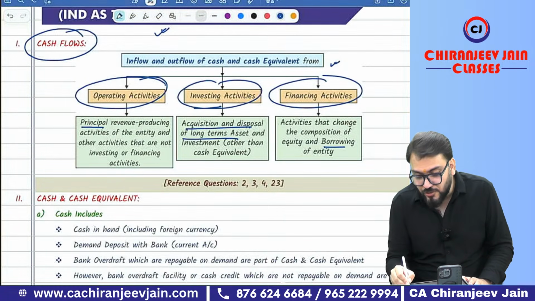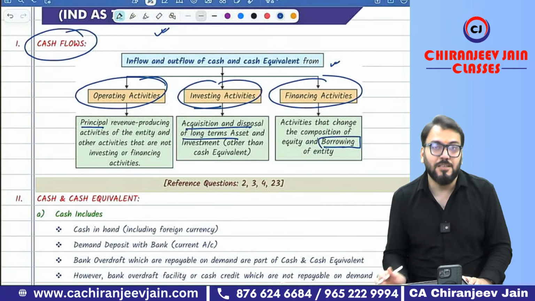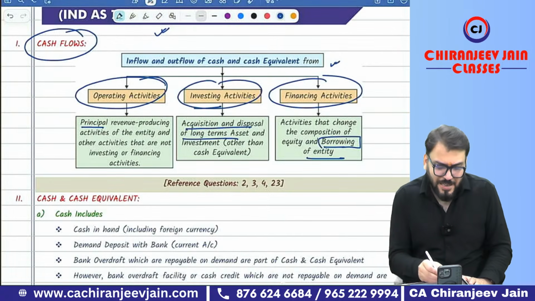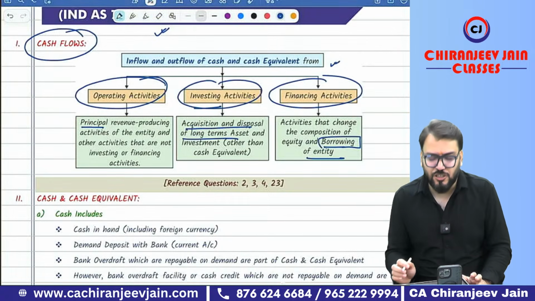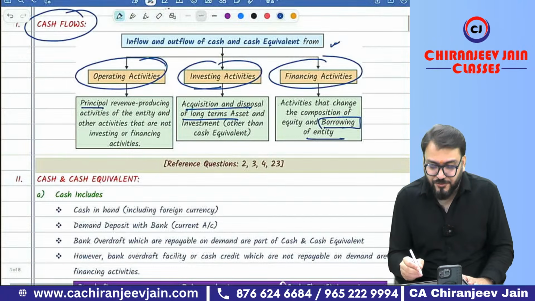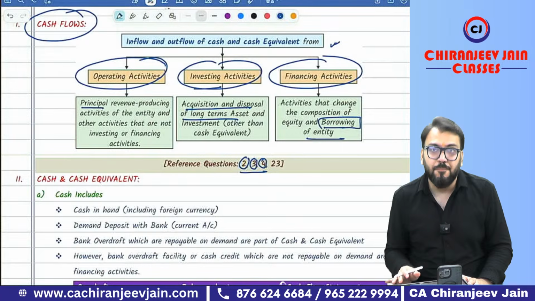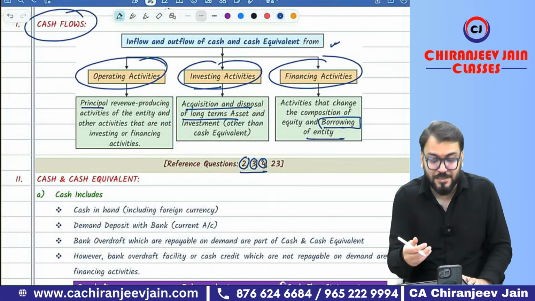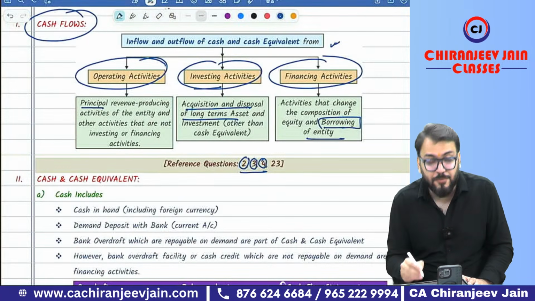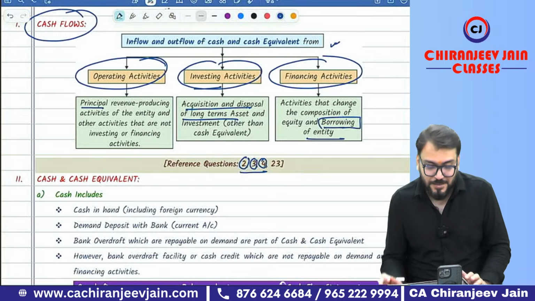When I say borrowing, it is short-term borrowing as well as long-term borrowing of the entity. I think in this there is no doubt about operating, investing, financing. For reference, you can read question 2, 3, 4. A lot of examples are given, which will give you more clarification about all these activities.